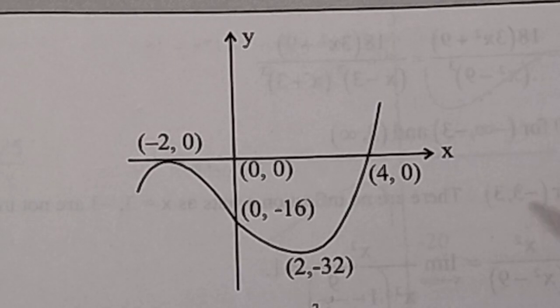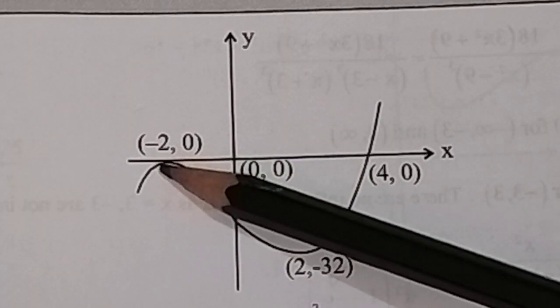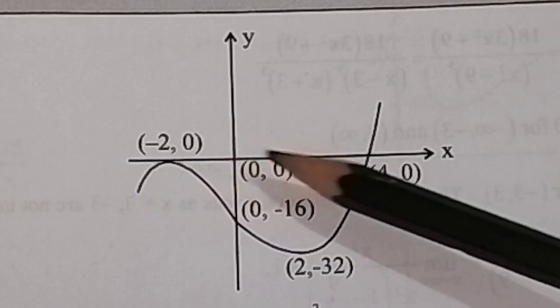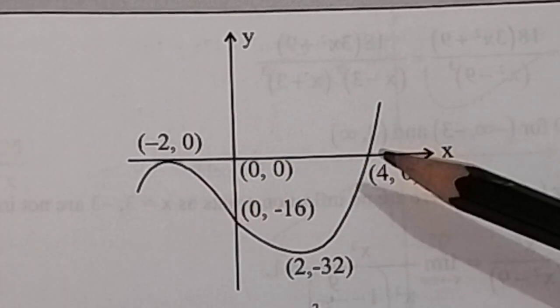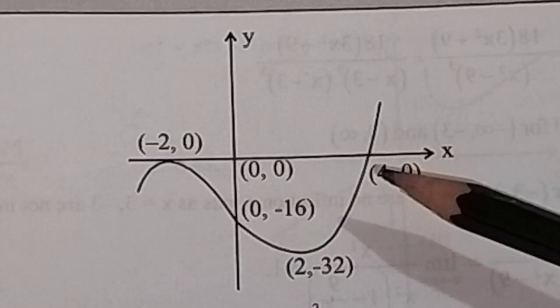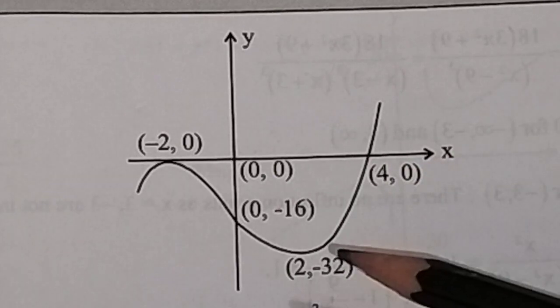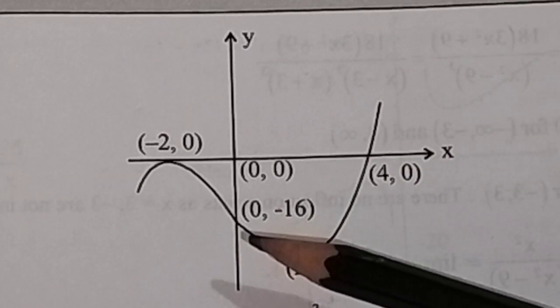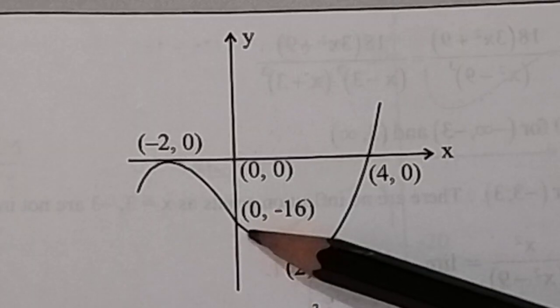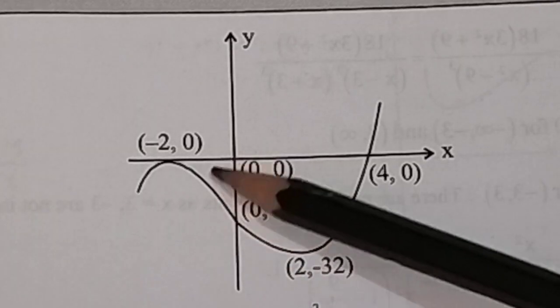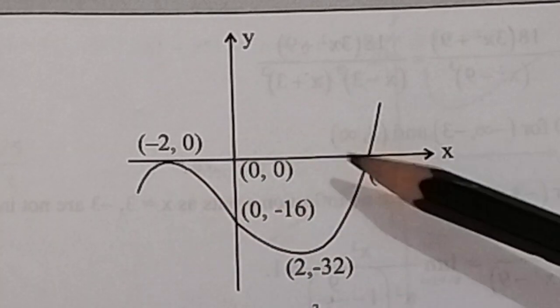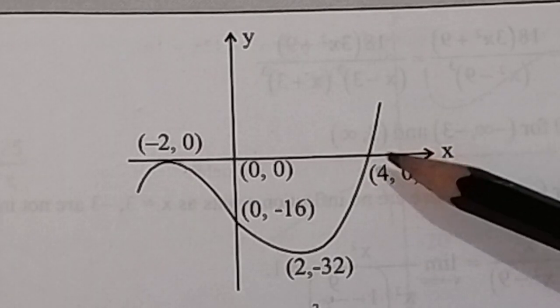You have two intercepts of x, one at minus 2, 0, another at 4, 0, and the y-intercept is 0, minus 16.